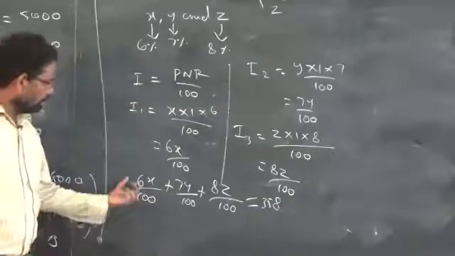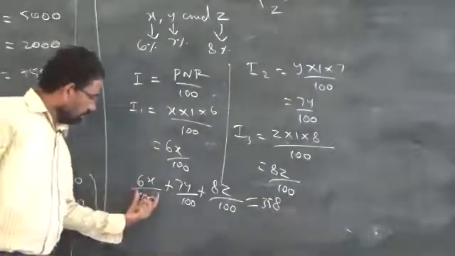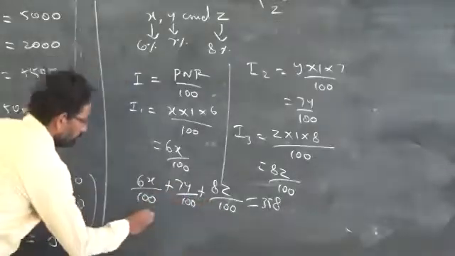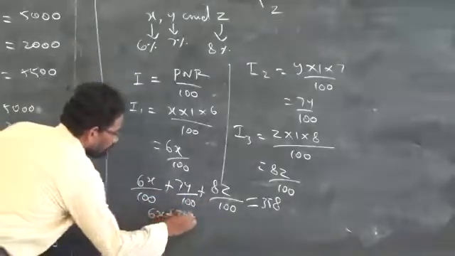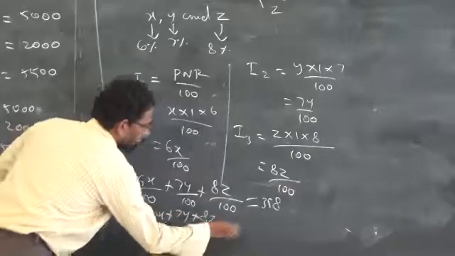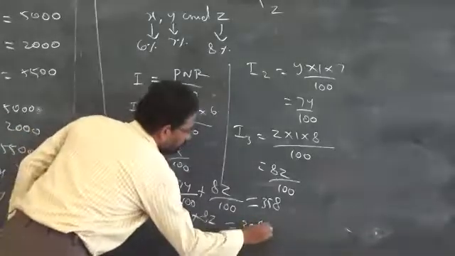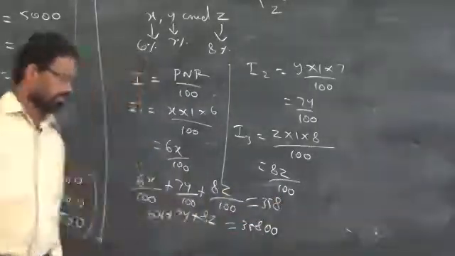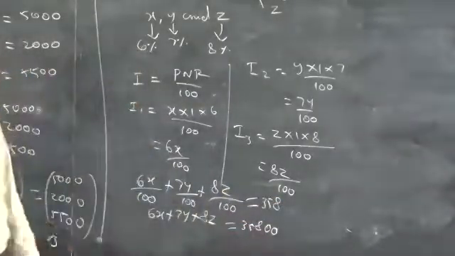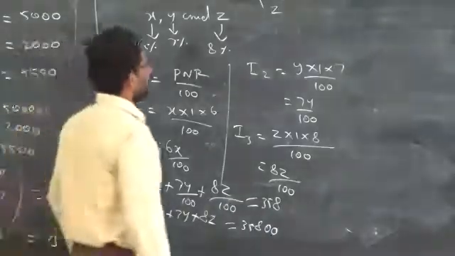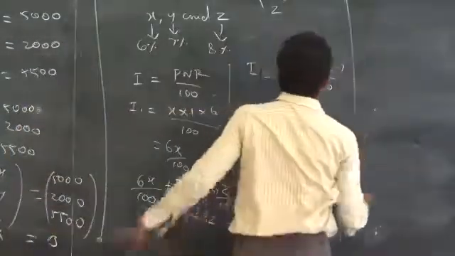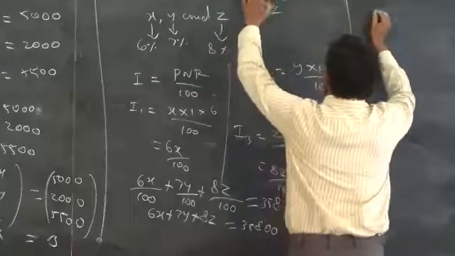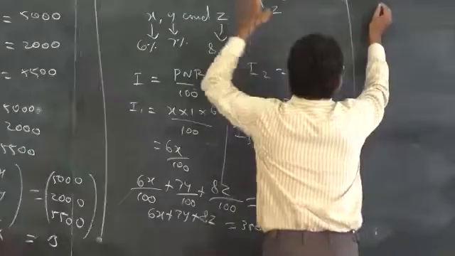See the denominators, all the terms are the same. So just take 100 to the right hand side, and you get a simple calculation. I got 1 equation. Already what is given? The 5,000 is divided into how many parts? 3, not 3 equal parts.